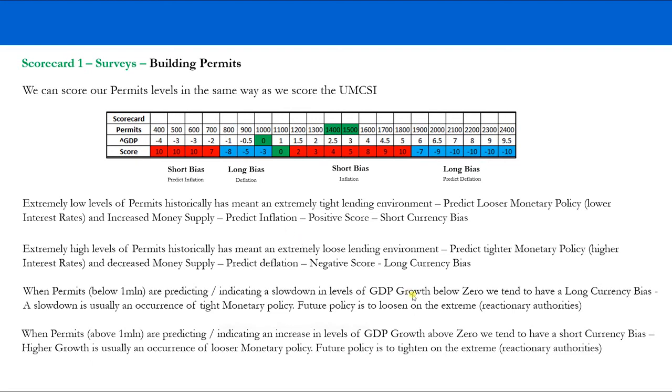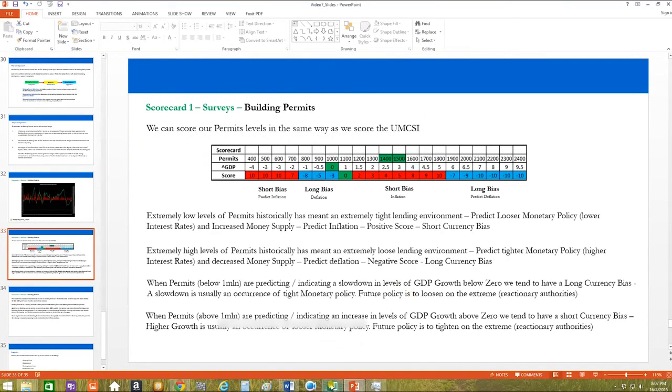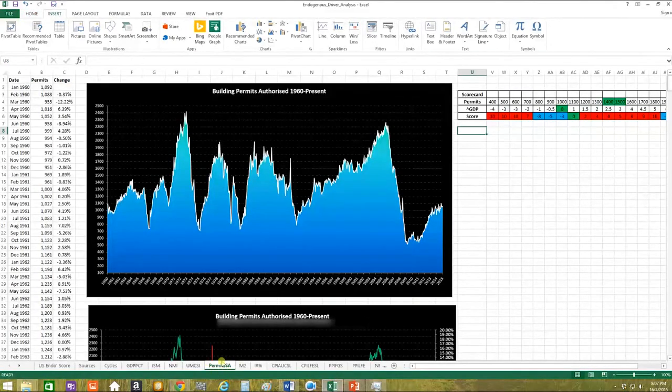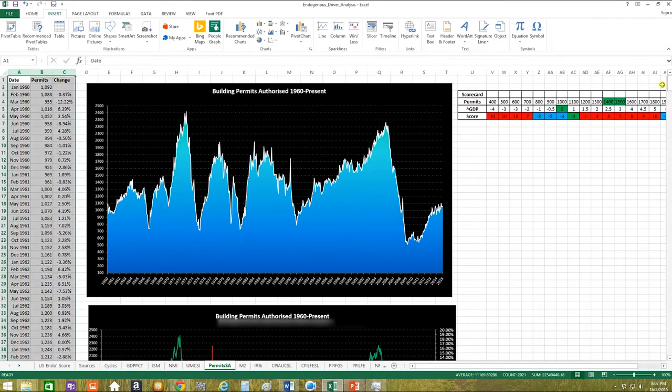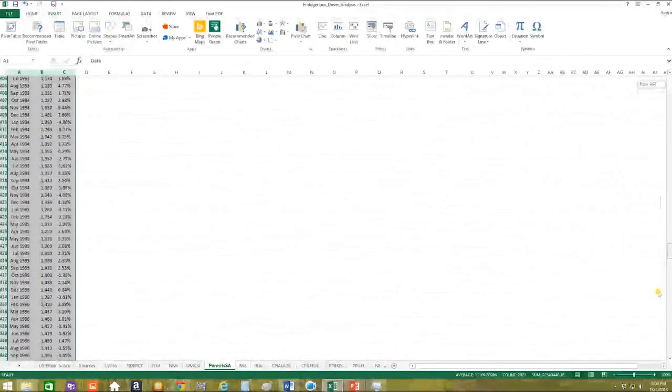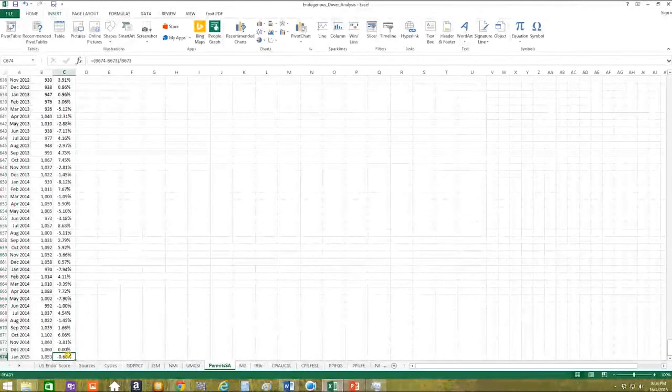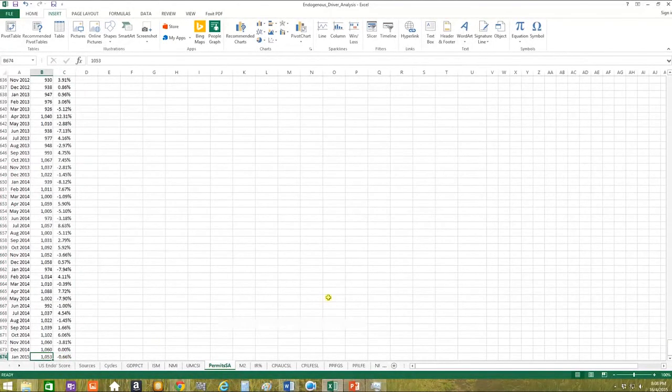So if we go over to the spreadsheet, and we're in the permits seasonally adjusted sheet here, you can see we've got all the data on the left hand side. And if we scroll down to the latest data, we just remind ourselves that we've got a monthly seasonally adjusted annualized rate in building permit applications of 1,053,000 applications.